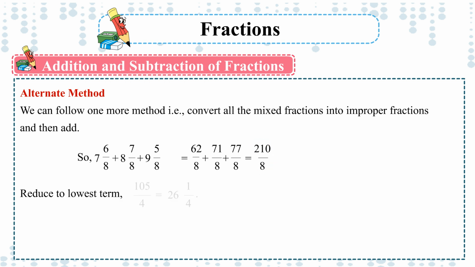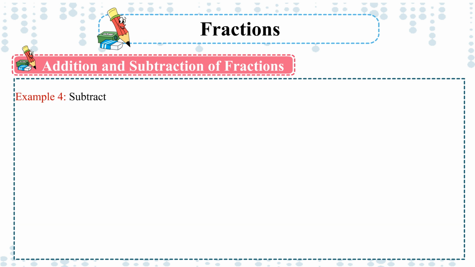Reduce to lowest term. 105 upon 4 is equal to 26, 1 upon 4.